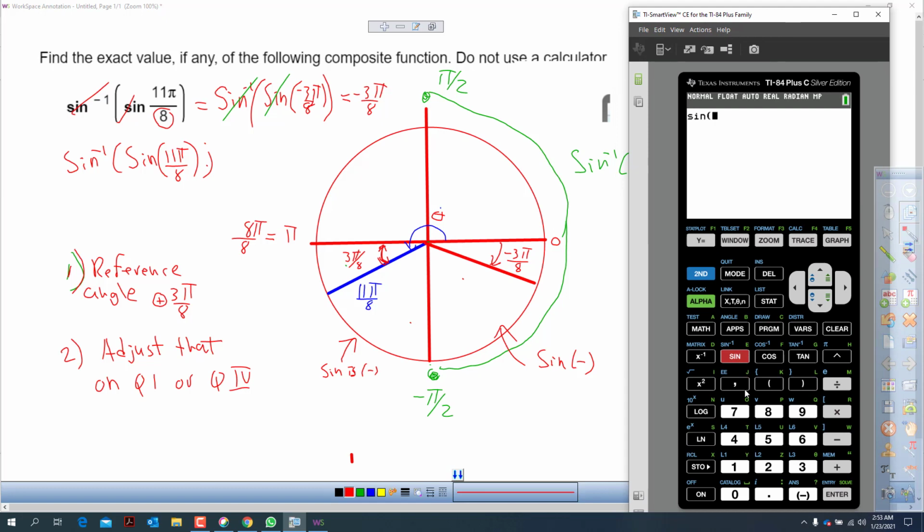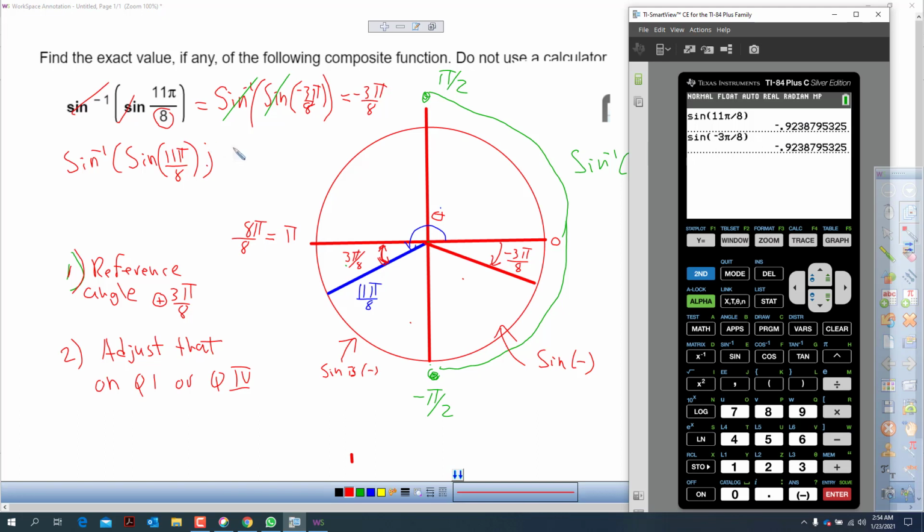Look, the sine of 11 pi over 8 is this number, and sine of negative 3 pi over 8 is actually the same number, right?